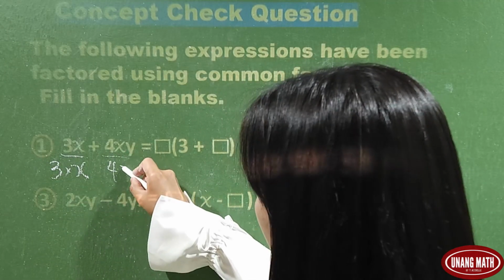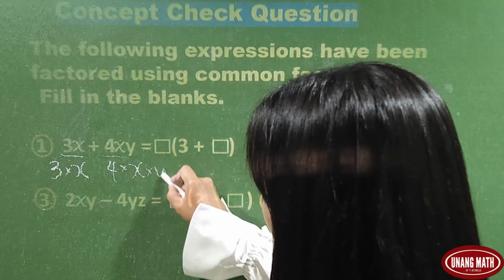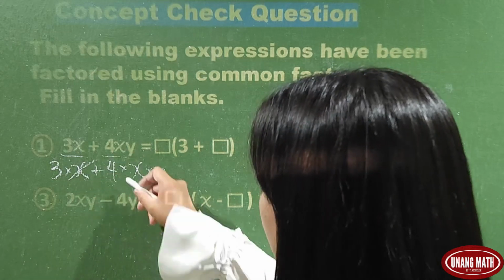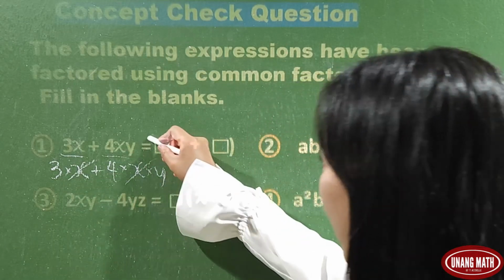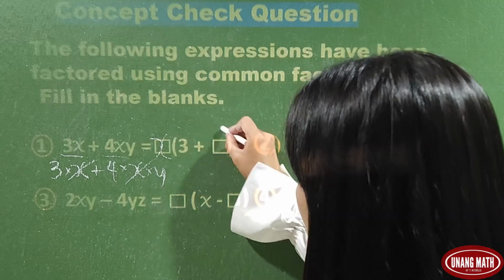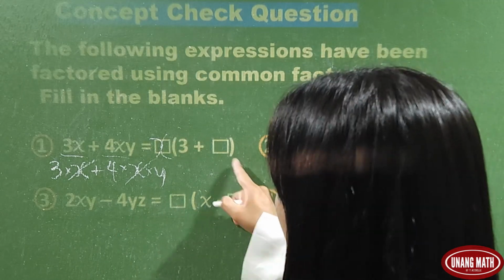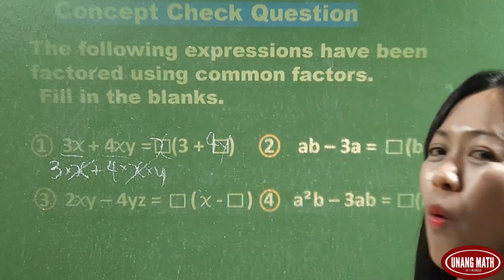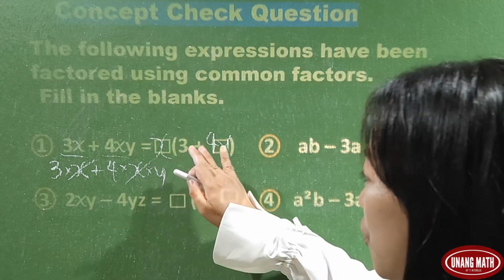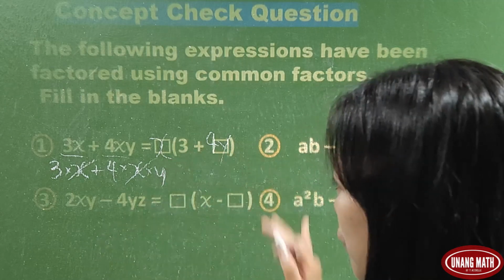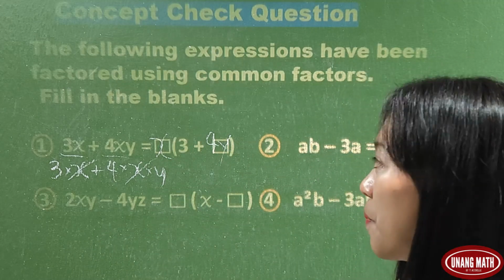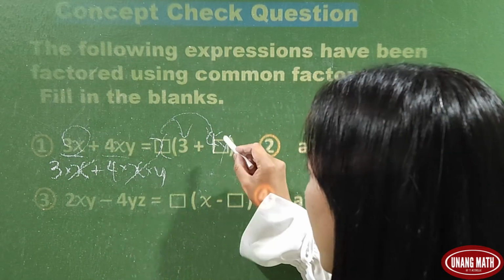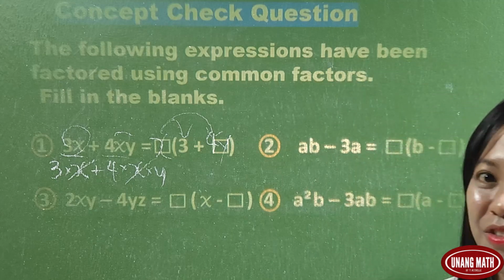This is 4 times x times y, and this is plus. The common factor here is x. So x is here, and what's written inside would be 3 plus 4y. If you want to check whether these factors are correct, do the distributive property. So this is 3x and this is 4xy. So our answer is correct.